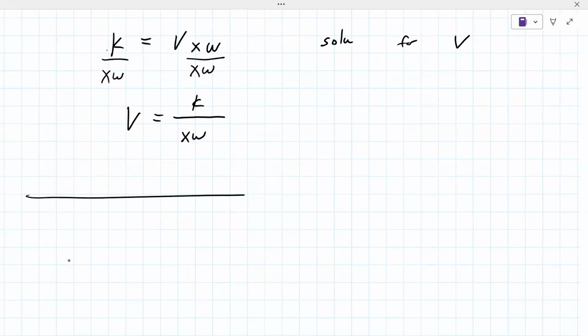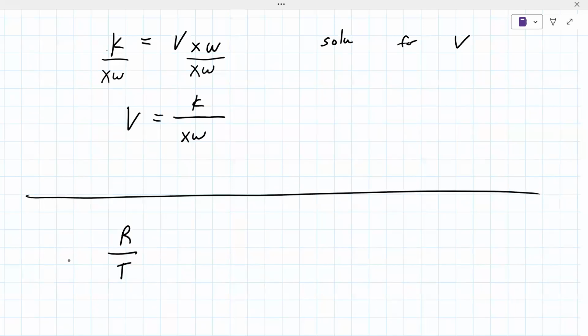All right, let's try one more. R over t plus l equals y. Solve for l. Okay.